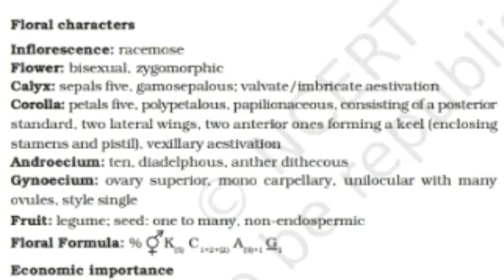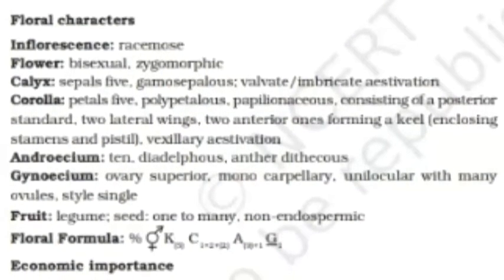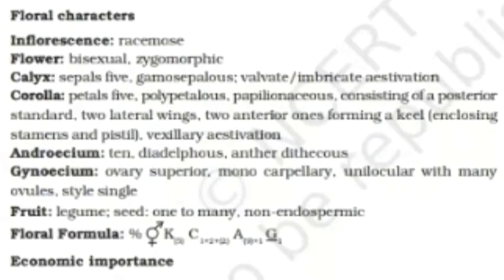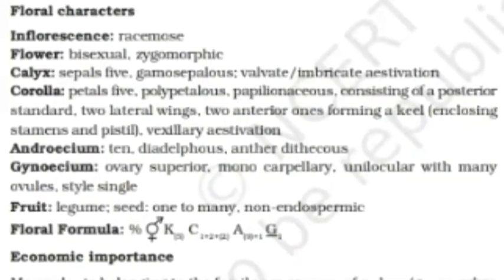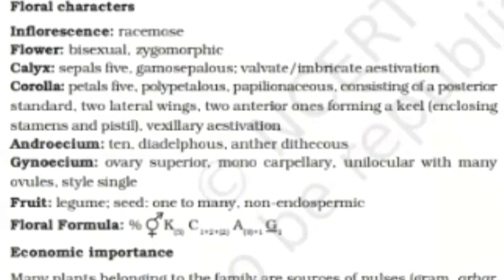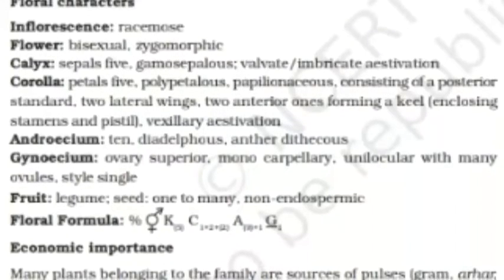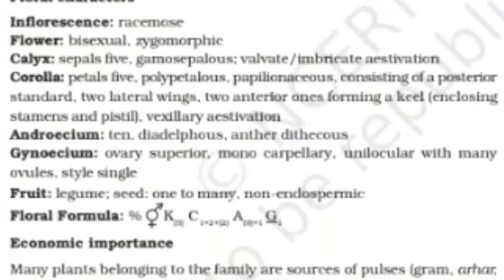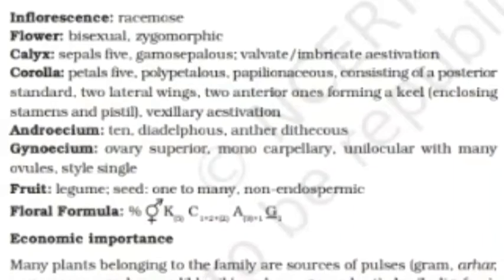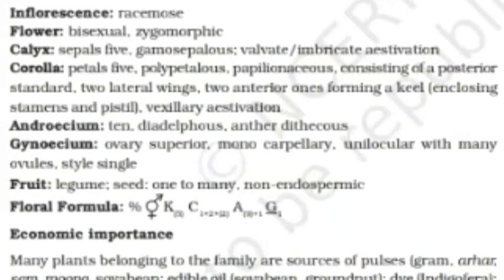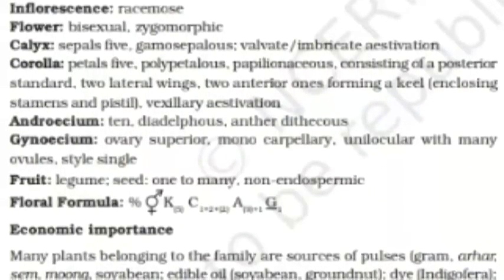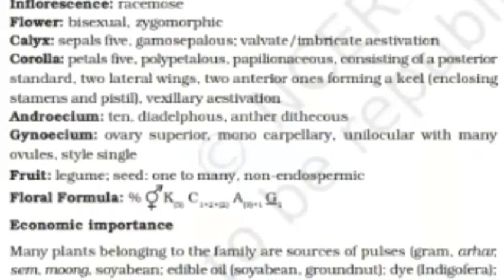Floral characters: inflorescence racemose, flower bisexual, zygomorphic, calyx sepals 5, gamosepalous, valvate or imbricate aestivation.